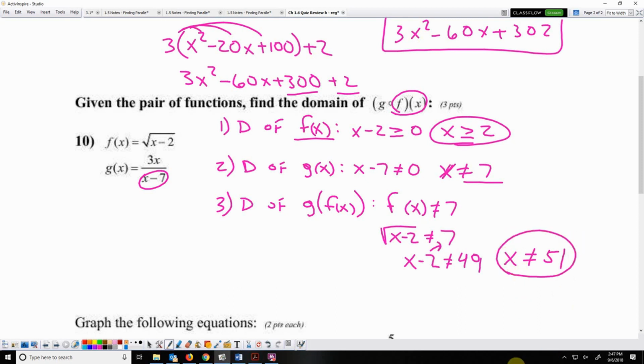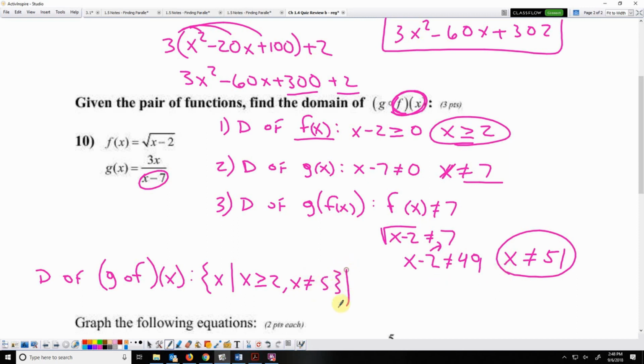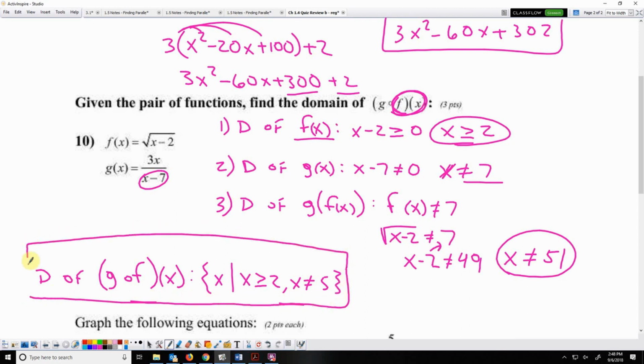My domain has to satisfy the inner function, f of x, that's what I circled here, and the composition, which is what I circled here. So the final domain, I'm going to write this in the formal way: domain of g of f of x is the set of all x such that x is greater than or equal to 2, but x does not equal 51. So I've written a domain that satisfies the inner function and the composition of the functions.